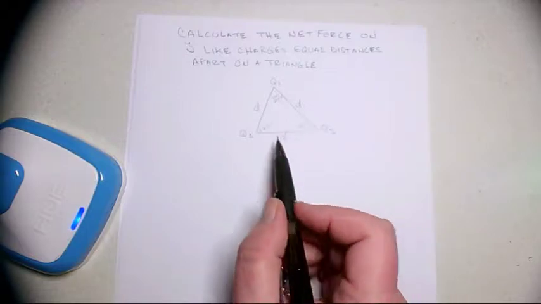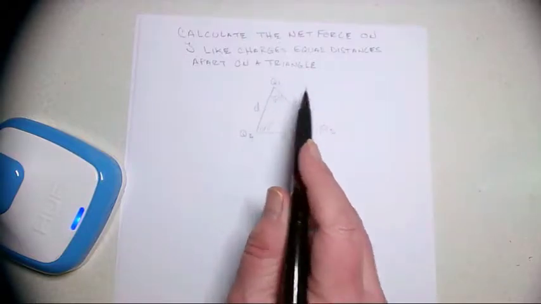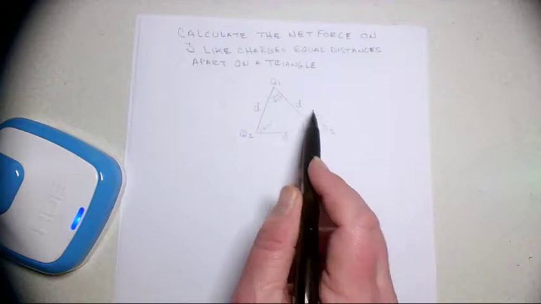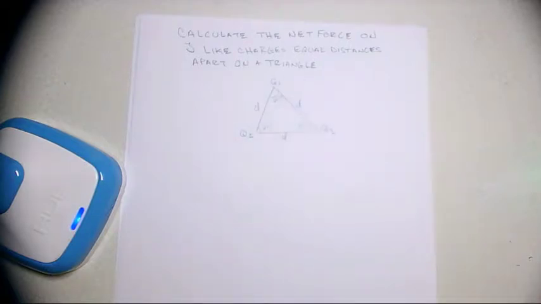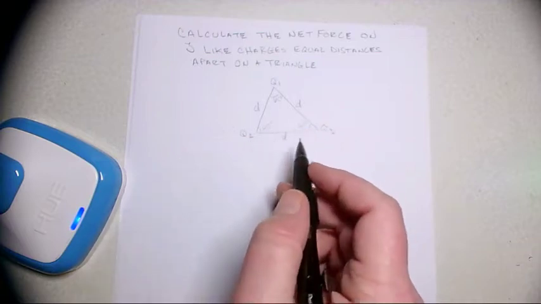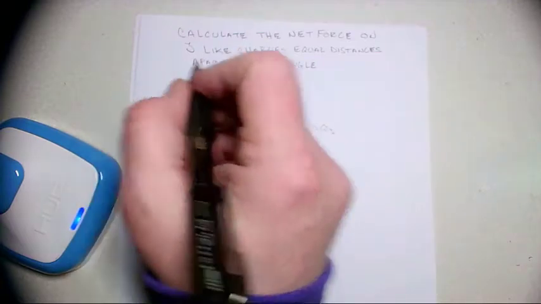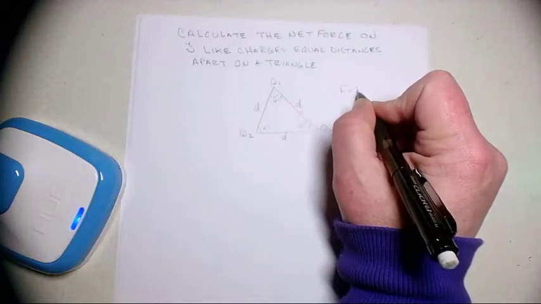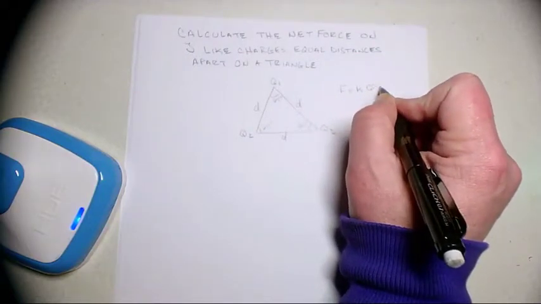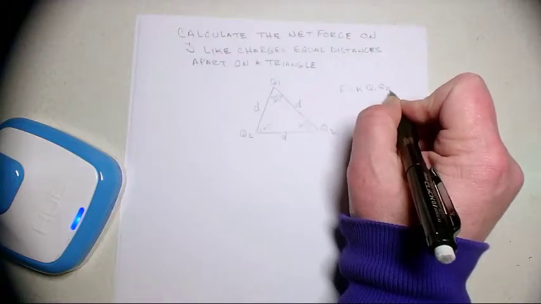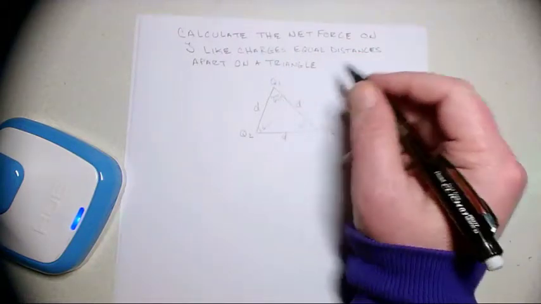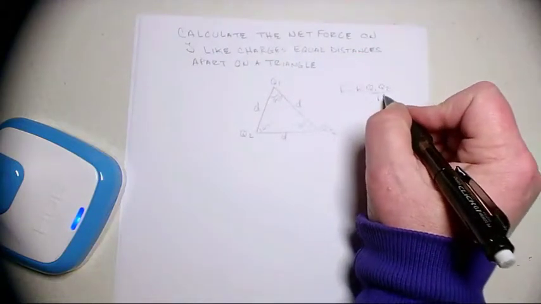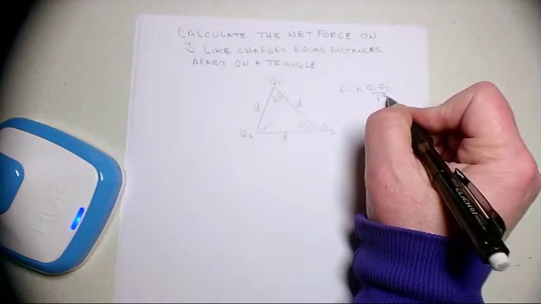So we want to calculate the net force that each part of our charge is experiencing from the other two. To do that, we're just going to break it into pieces, and remember that Coulomb's law is kQ1Q2 over r squared, over the distance squared.